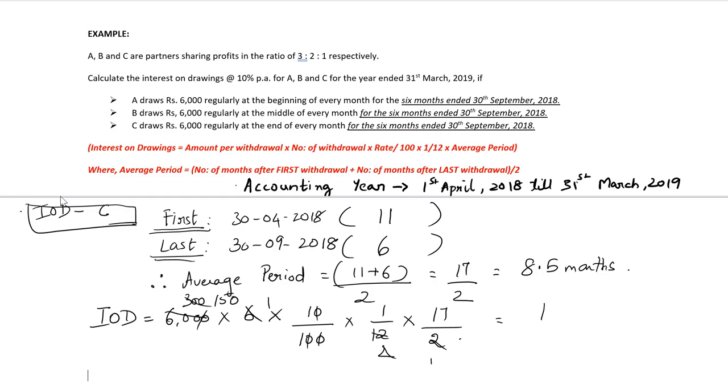So the answer is 150 into 17, which is equal to 2,550 rupees.